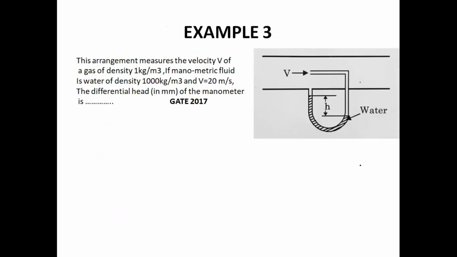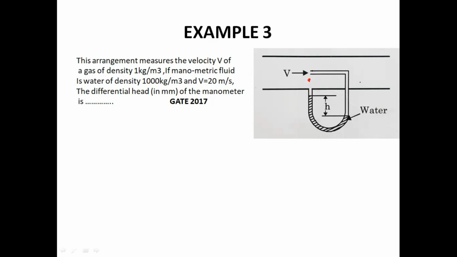Here, the concept given is the concept of static pressure. Here it is measuring the static pressure, at the point in this zone. Here this pressure is converted into velocity, as there is some velocity.